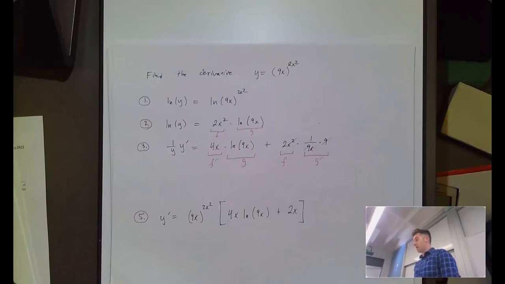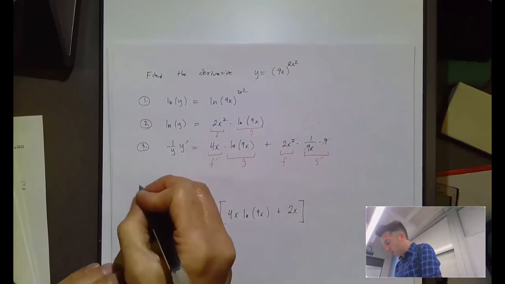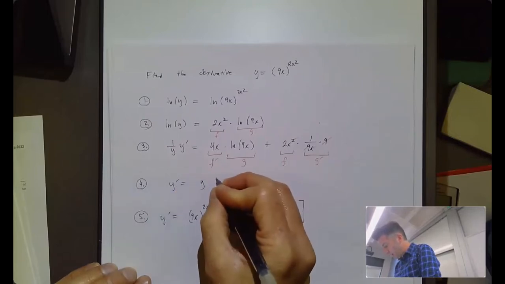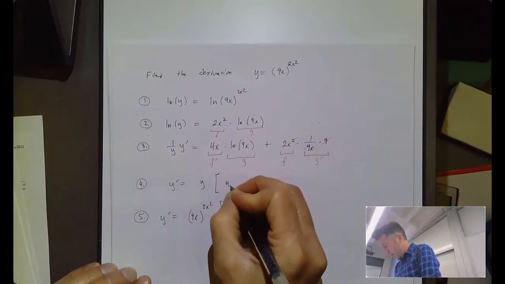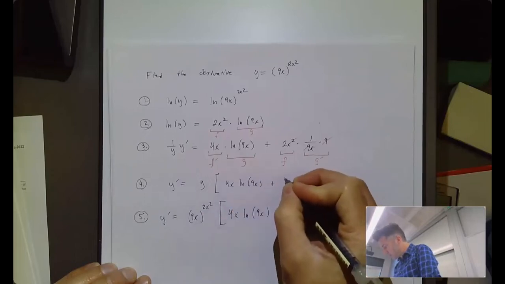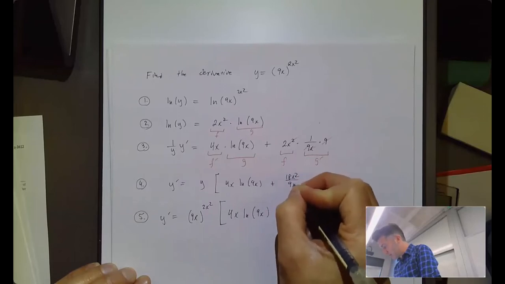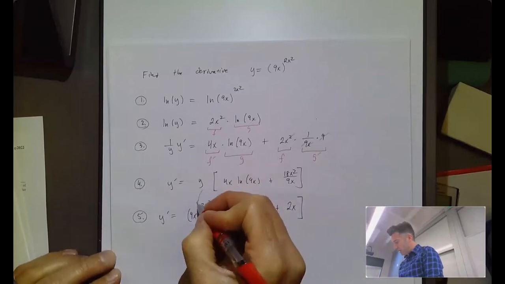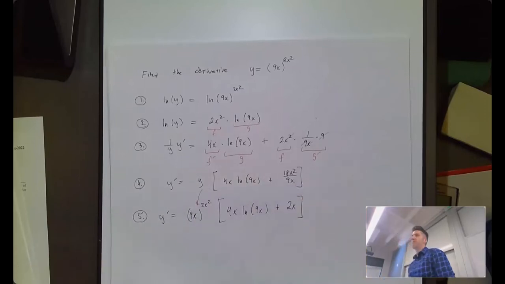But the intermediate step, if you want to write it, would be writing y prime equal to y times 4x natural log of 9x plus 9 times 2 is 18x squared over 9x. And then replacing y with what it's actually equal to and simplifying this as 2x.